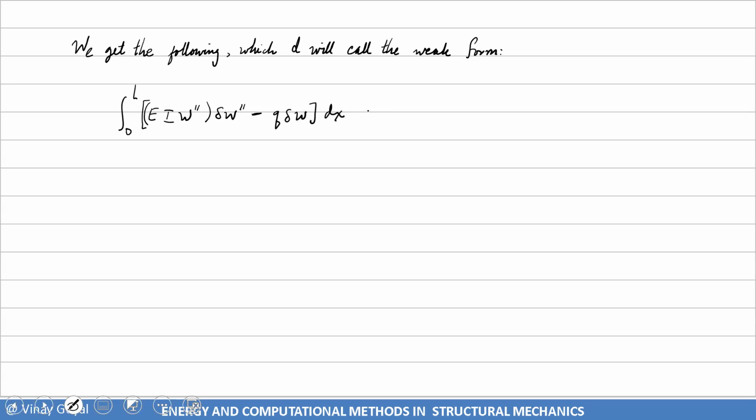And then I have plus alpha W prime del W prime at 0, plus K W del W at L, and not prime, but just like that. And this is, I apologize.